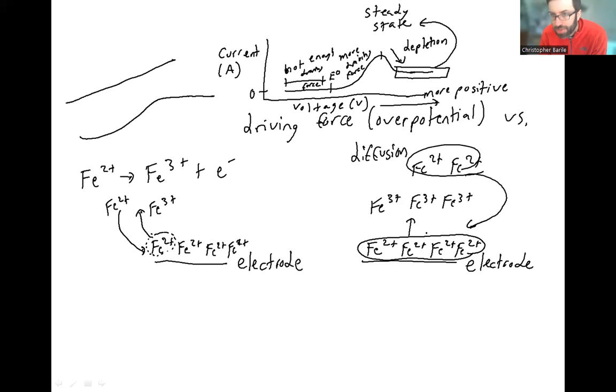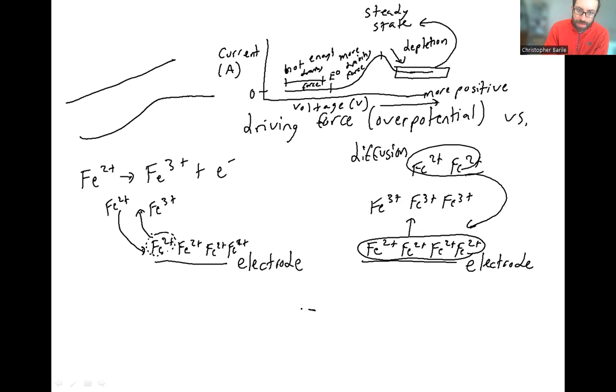Then you have this diffusion control peaking, so the current goes down, and then you have a steady state. At the steady state, you've established an equilibrium between diffusion of reactants into the electrode and of products away from the electrode. So that's why you get this type of shape in a CV.